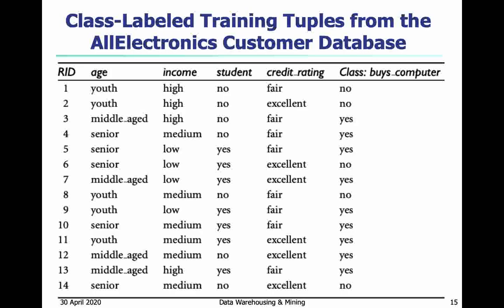Then what will be the posterior probability P(H|X)? It reflects the probability that the customer X will buy a computer, given that we know the customer's age and income. Is it clear?